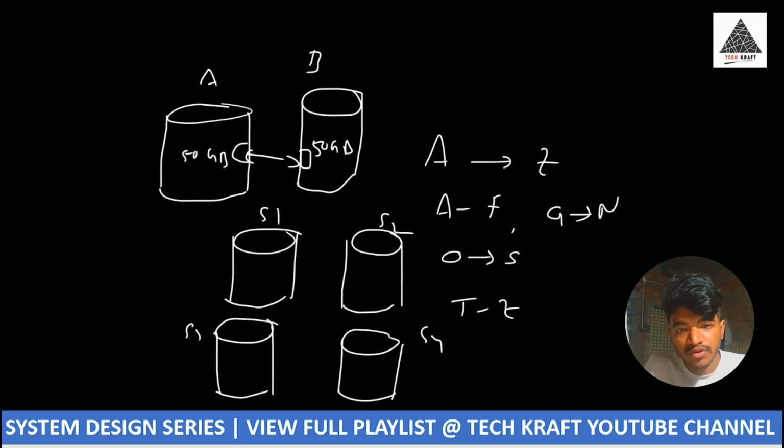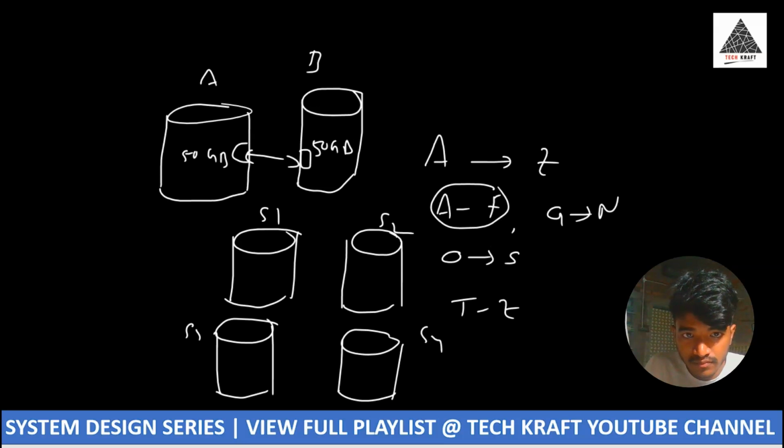So we can distribute this data to these four database servers using these alphabets. A username that starts with A goes to shard 1, and so on up to F, a username starting with F goes to shard 1. So using the starting letter of the usernames, we can distribute the data to the shards.